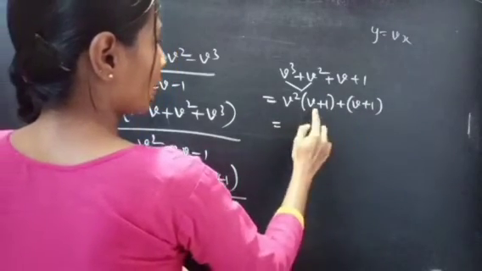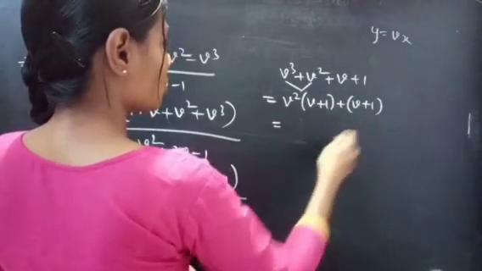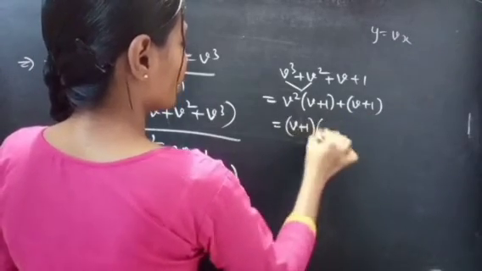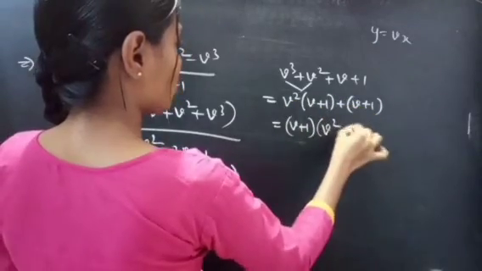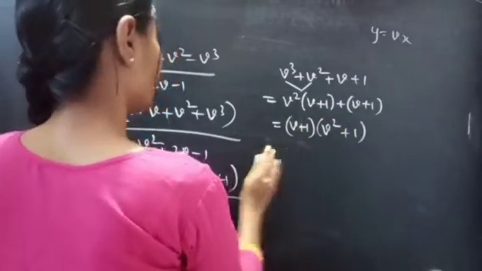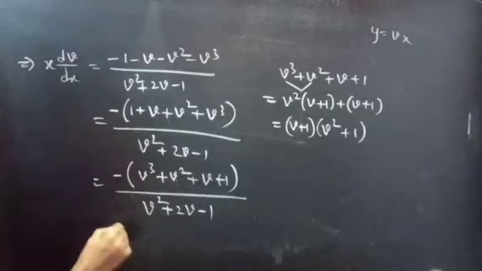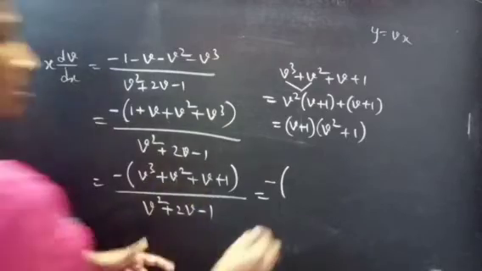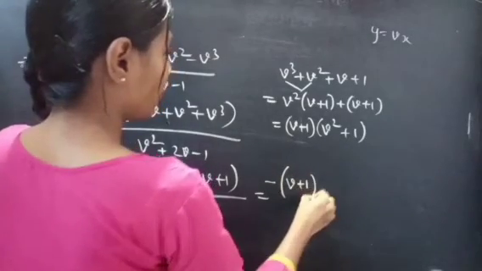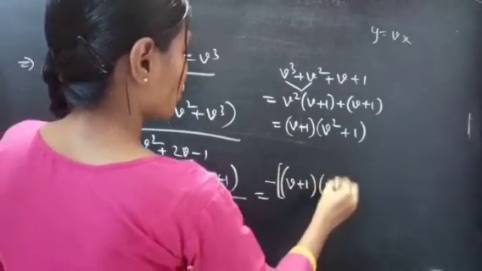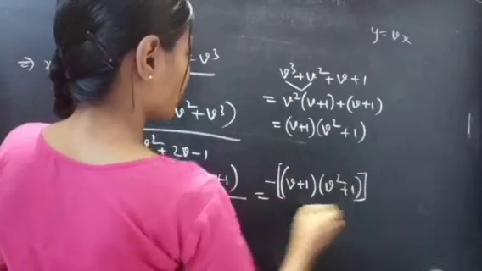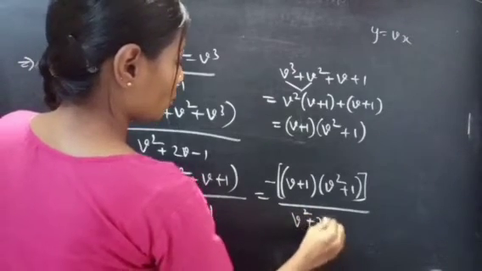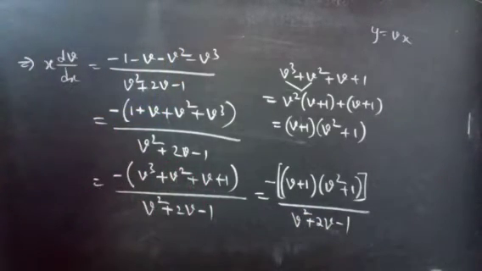So if you notice, we are having v plus 1 in both the terms. So let's take v plus 1 common from these two terms, and we'll get v plus 1 times v square plus 1, right, let it be. So now let's replace the numerator under brackets by v plus 1 into v square plus 1, and the denominator remains the same, v square plus 2v minus 1.